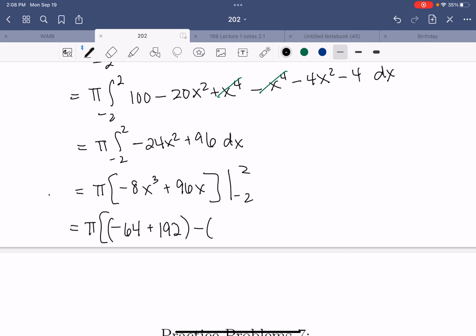Subtracting from that, when you plug in negative 2, that's negative 8 times negative 8 is positive 64 minus 192. And it should give you 192 minus 64 and double it. Should give us 256 pi. There we go.